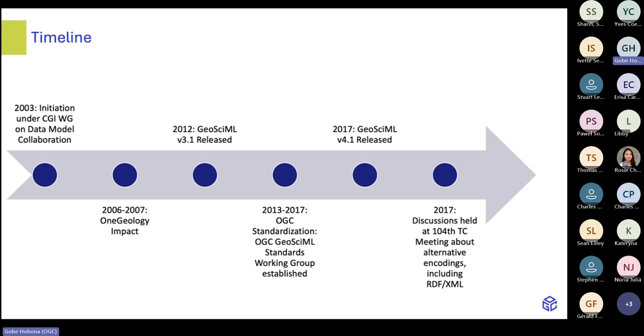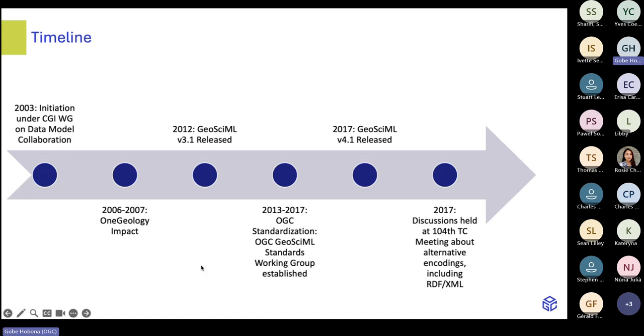And one of the encodings that was being considered at the time was RDF XML. But the main thing there was that already the community had identified a need for alternative encodings for GeoSciML. So that has led to one of the key things that we're looking at this code sprint, which is a JSON encoding for GeoSciML.